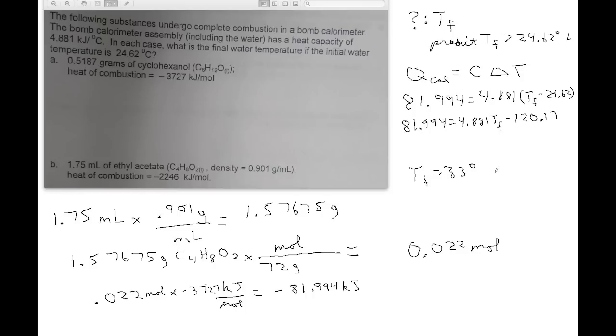I'm sorry, where'd you get the 81.99 from? Maybe I made a mistake. So let's see here. You had 0.002 moles. So what number did you write down here? I did 0.002 times 2246.